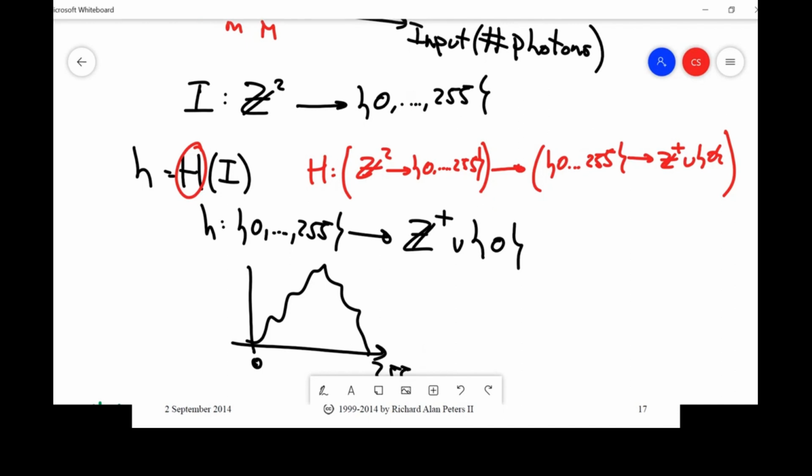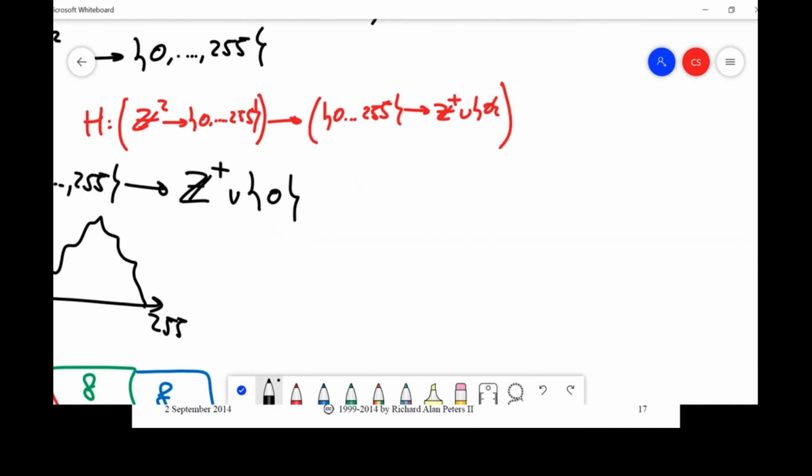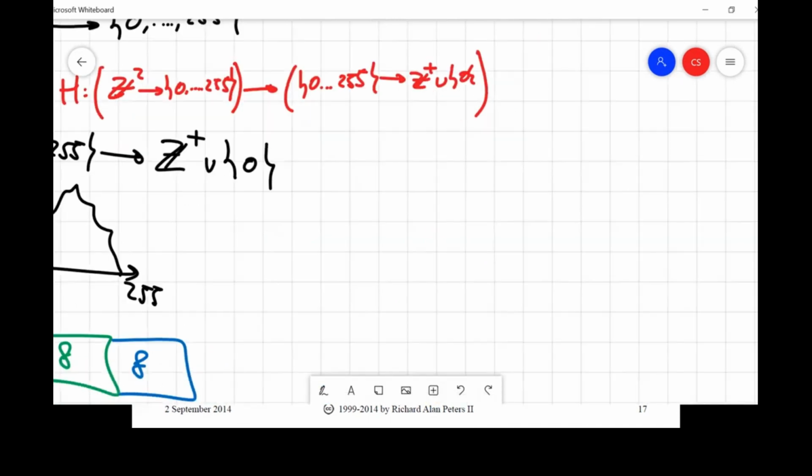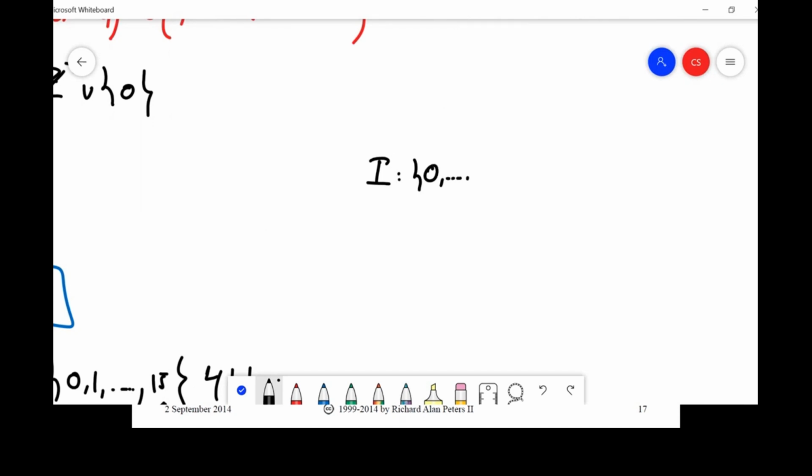But if we think of an image that goes from 0 to r minus 1, this is the number of rows that it has. And again, here I'm trying to be precise.